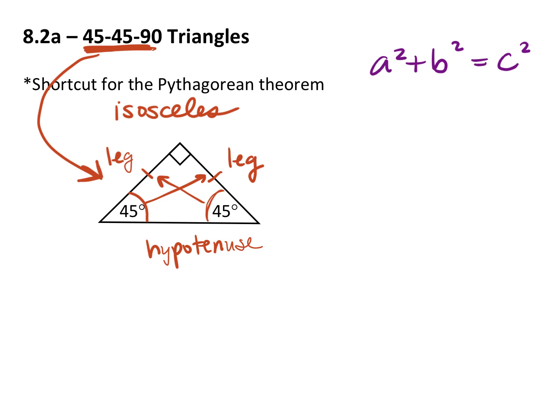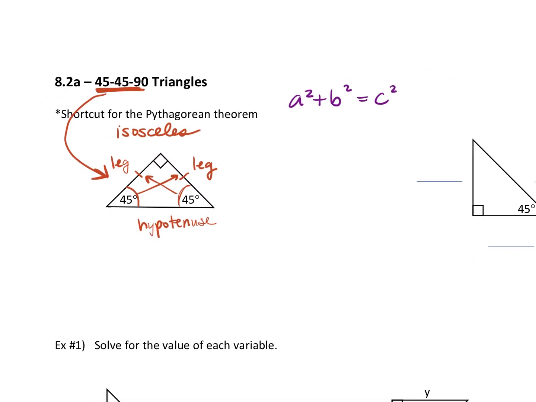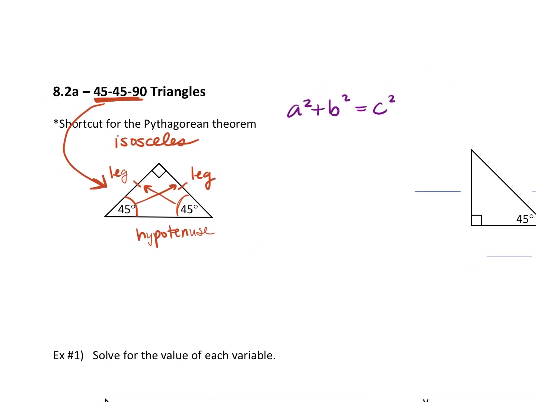Okay, so here's the situation. When you set this up with the Pythagorean theorem, let's say this is L for leg, this is L for leg, and I'm going to call this H for hypotenuse.